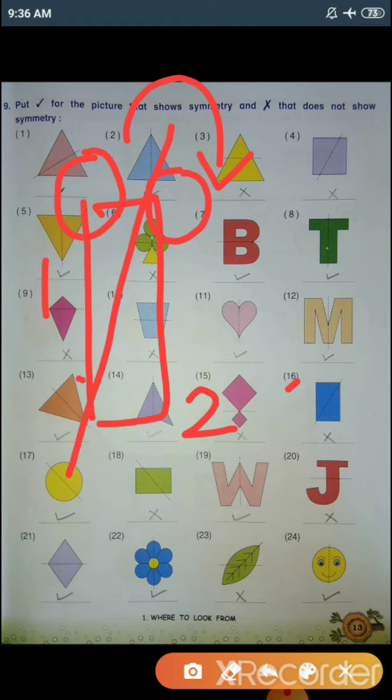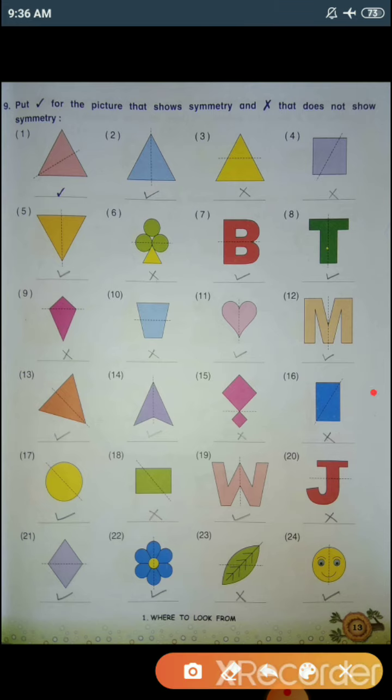Similarly, if we observe from this side and from this side, both the sides are also not equal. They do not show any similarity. That is why this shape is not symmetry.